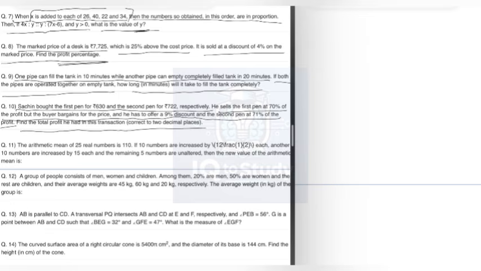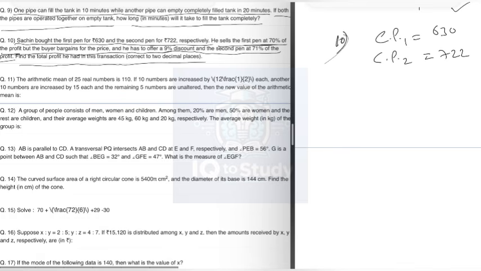Given first pen cost price is 630 rupees and second pen cost price is 722 rupees. He sells at 70% profit but then gives 9% discount for the first pen.